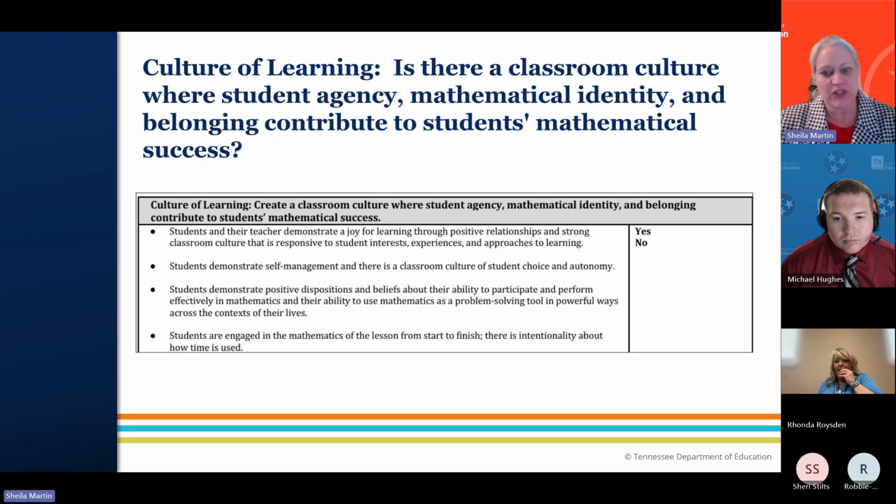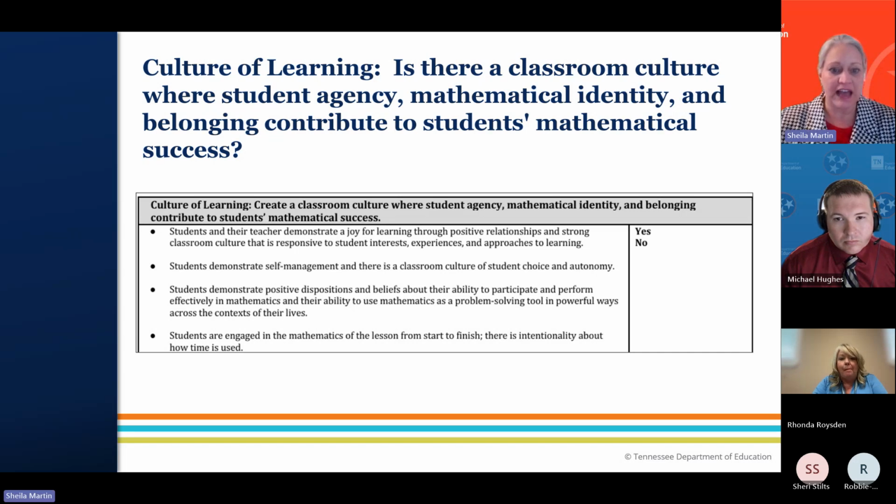Expectations here is an important consideration. When you are engaged in learning walks and evaluating the culture of learning, it's important to ask if high expectations are expected of all students and if the culture of learning creates an environment where this is possible, not just some students. So again, those 4 components of culture of learning, just thinking about what that might look like in your schools, in your district.